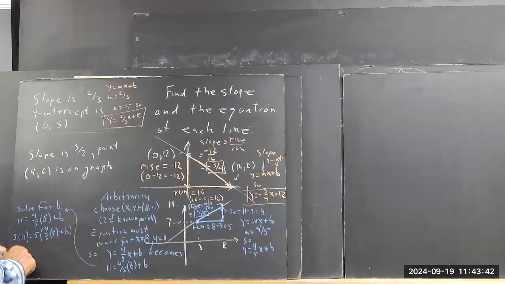So 5 times 11 is 55. 5 times 4/5 is 4. And since you're multiplying the whole side by 5, you also have to multiply the b by 5. Now I could have multiplied the 4 by the 8 earlier.